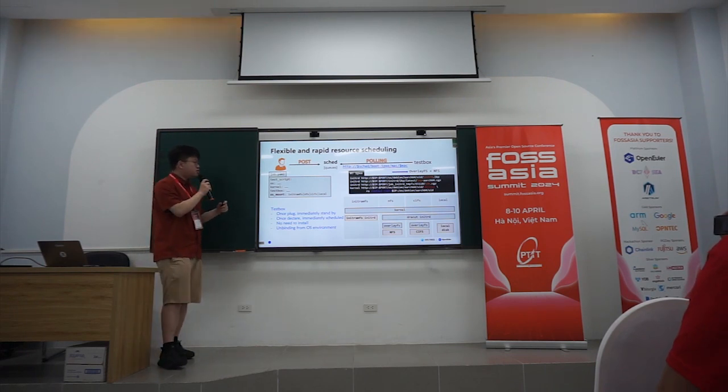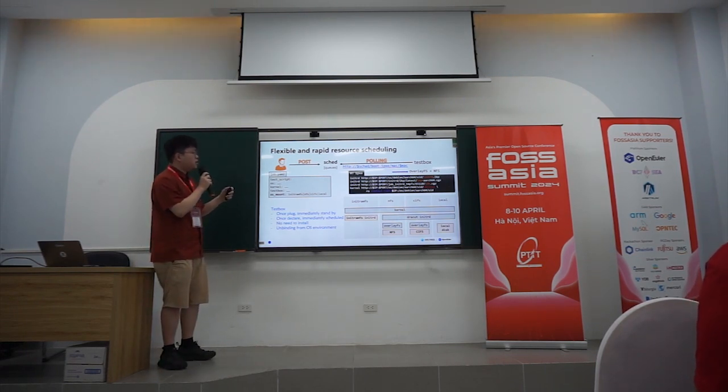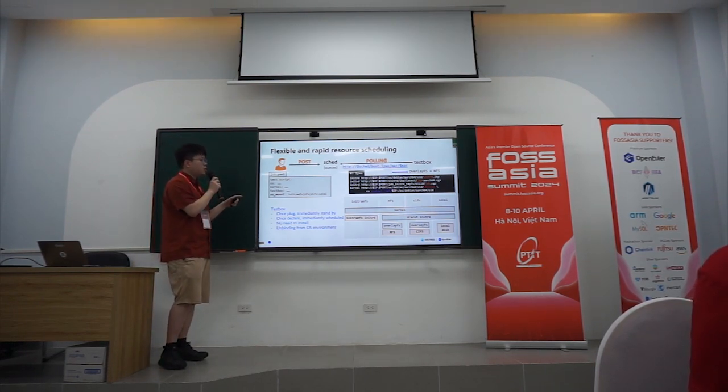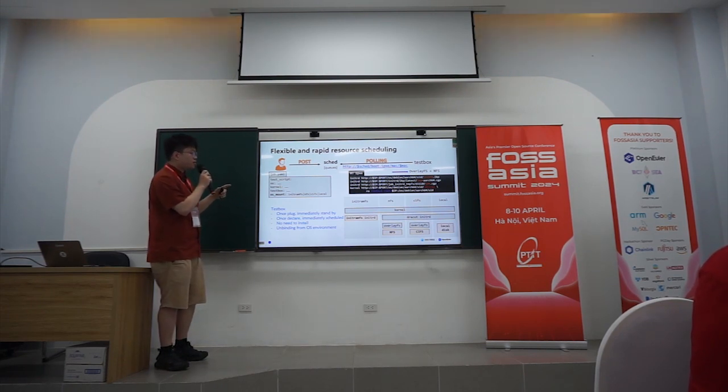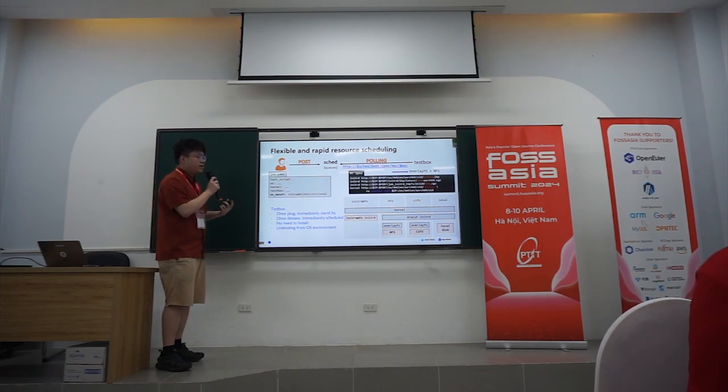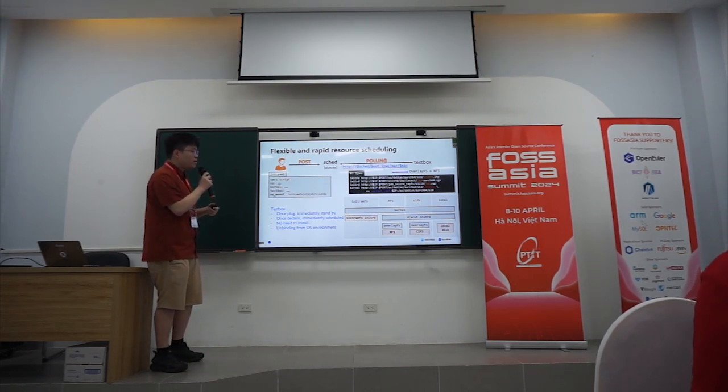Once the user submits the job YAML, the test box will grab it from the scheduler queue. Once it grabs it, it will use these 4 ways to prepare the environment needed for the job.